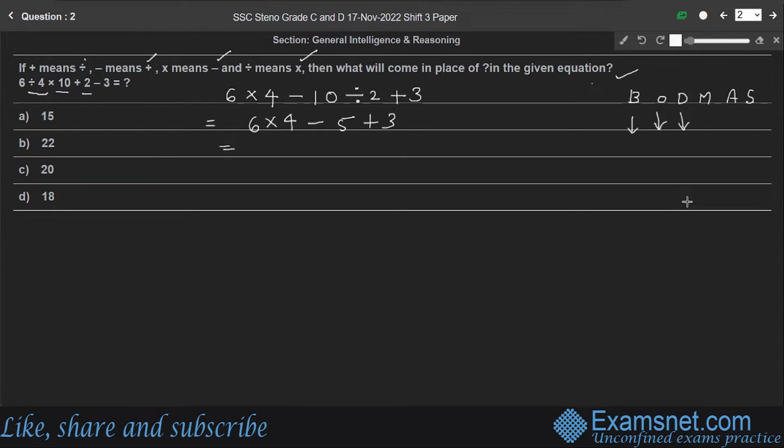Next comes multiplication: 6 into 4 is 24, minus 5 plus 3. Next comes addition, according to the rule. So 24 plus 3 is 27, minus 5 is 22. Hence option B.